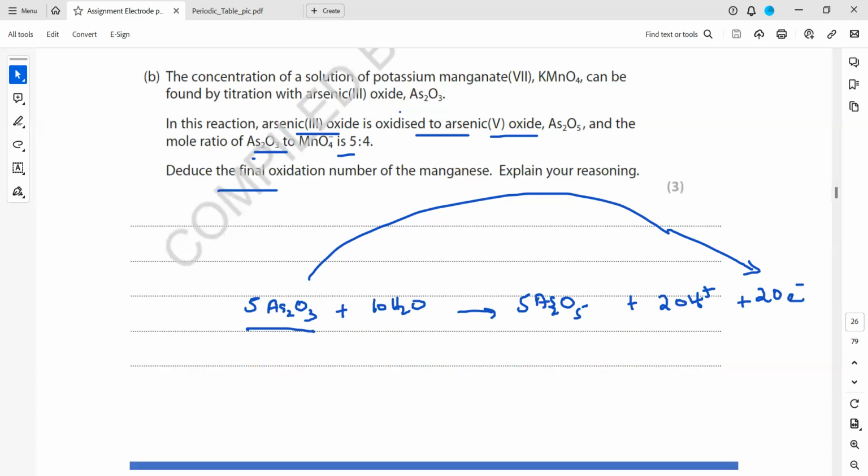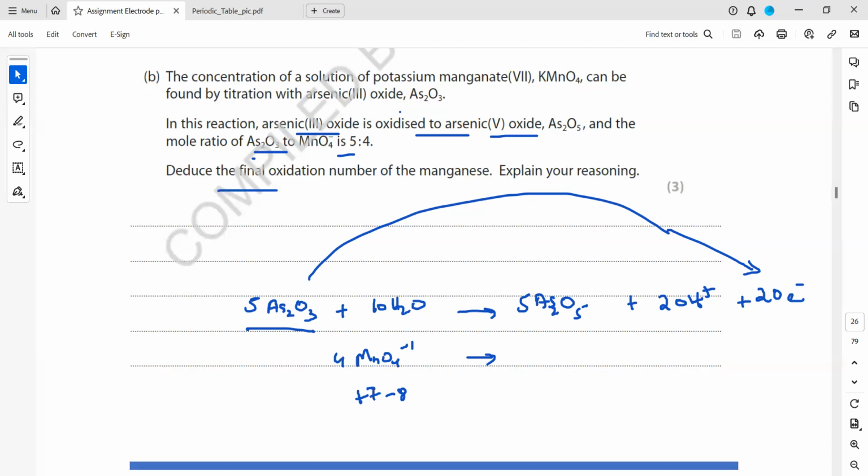Then we have MnO4 with a charge of -1, because we don't know what oxidation number is there, and the ratio between them is 5:4. So total, what will happen? 4 molecules are gaining 20 electrons, so each molecule will gain 5 electrons. And the oxidation number for oxygen is -2, so 4 will be -8, so manganese is +7.